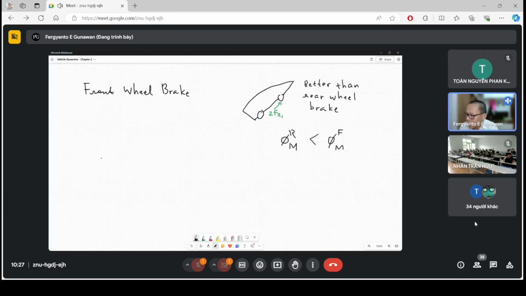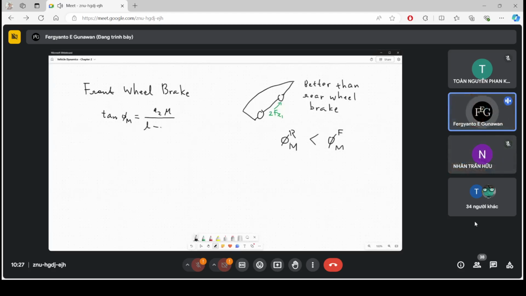So the maximum parking angle is tangent delta m equal to a2 multiplied by mu over L minus mu h, right? Okay, so this is the front wheel.